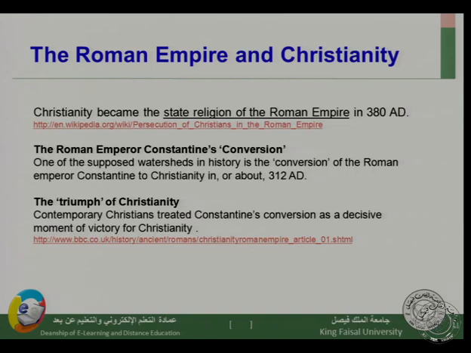And by the way, we are talking now about 312, but before the conversion of this Roman emperor, Christianity was persecuted by previous emperors.